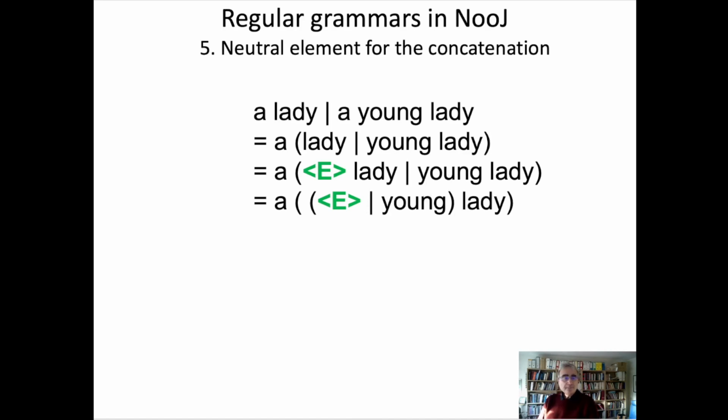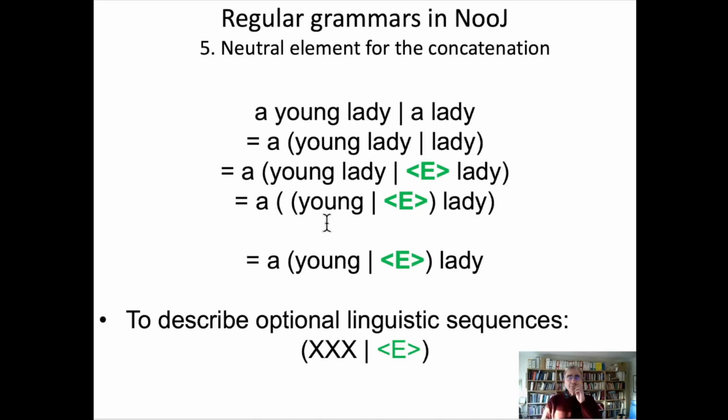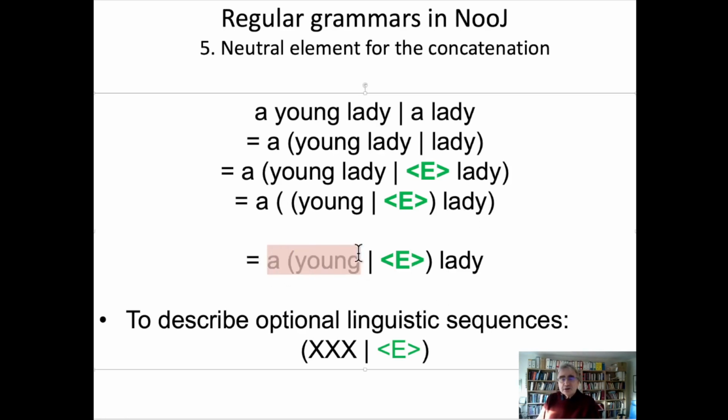And now this parenthesis is useless. You can keep it, but you don't need to. So the resulting expression is a followed by (young or nothing, young or empty word) followed by lady.